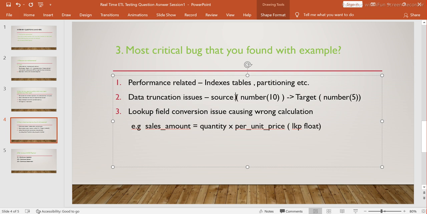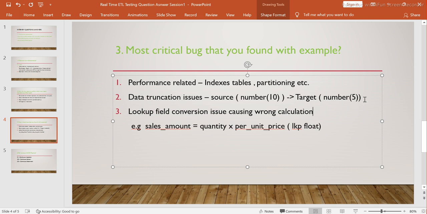Now the second issue that I discovered is related to data truncation. There was a source field that was coming in, and it was having 10 digits. In the target, when the target table was defined by the DBA, it was defined as a number 5, right?